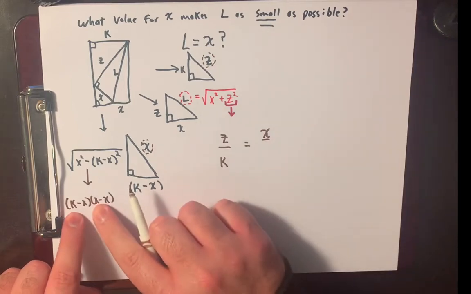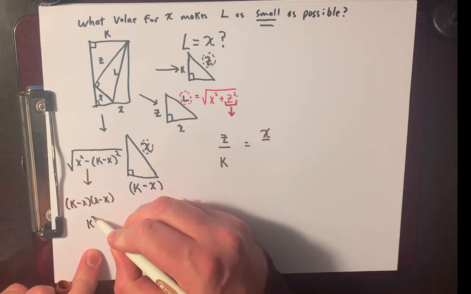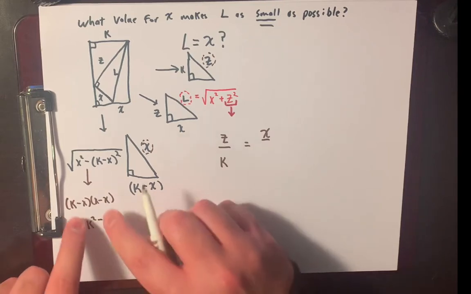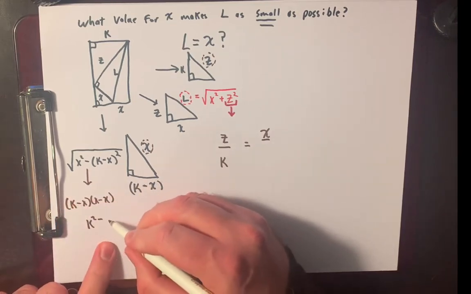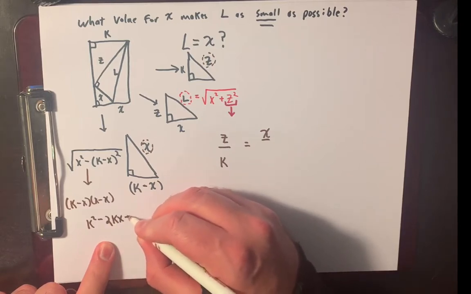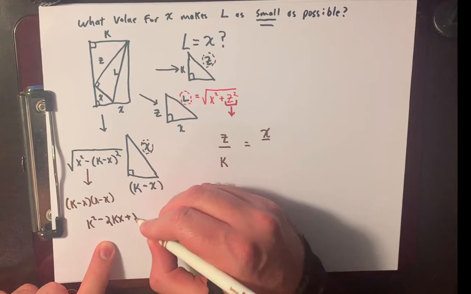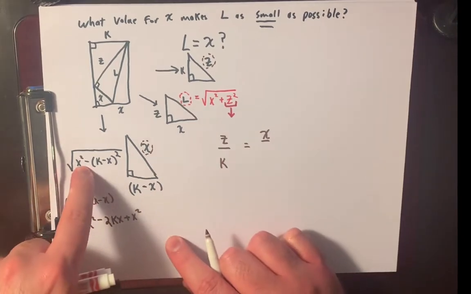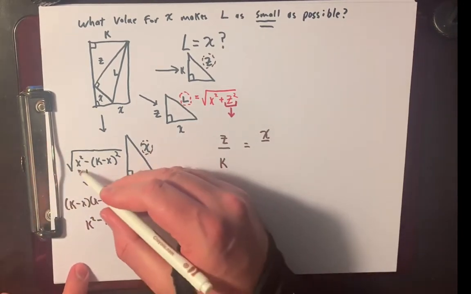So this is going to be k times k, which gives us k squared. This is going to give us kx, and the other kx gives us negative 2kx. And then the last thing is negative x times negative x, which is just positive x squared. Noticing that there is a negative sign out front there, and then there's the x squared there.